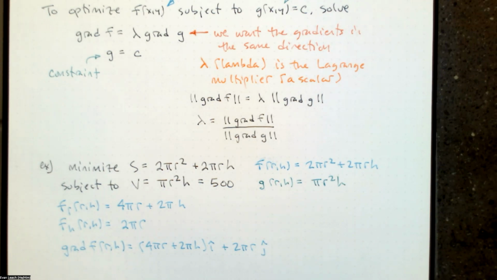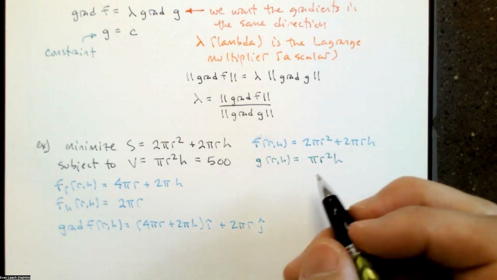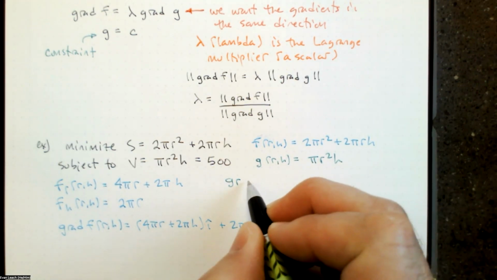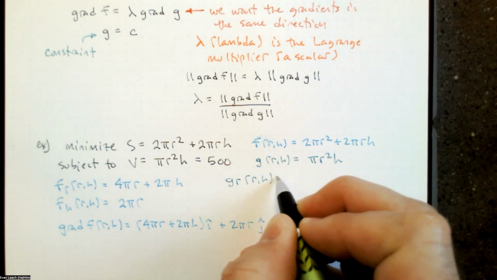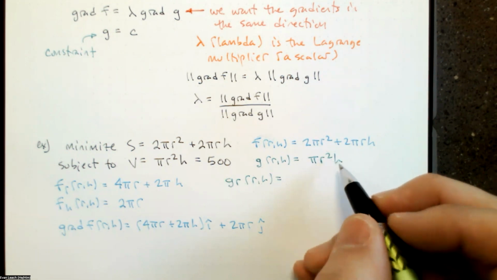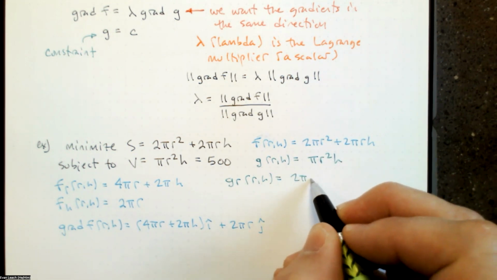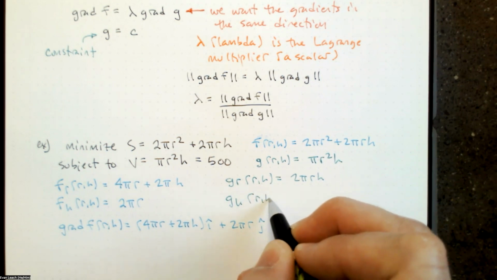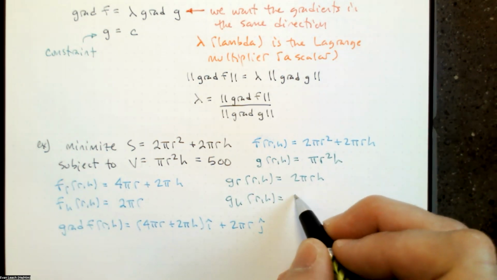I need the gradient of g as well. So I need g with respect to r. That's going to be the derivative of r squared is 2r, so 2 pi rh, and g with respect to h is going to be pi r squared.